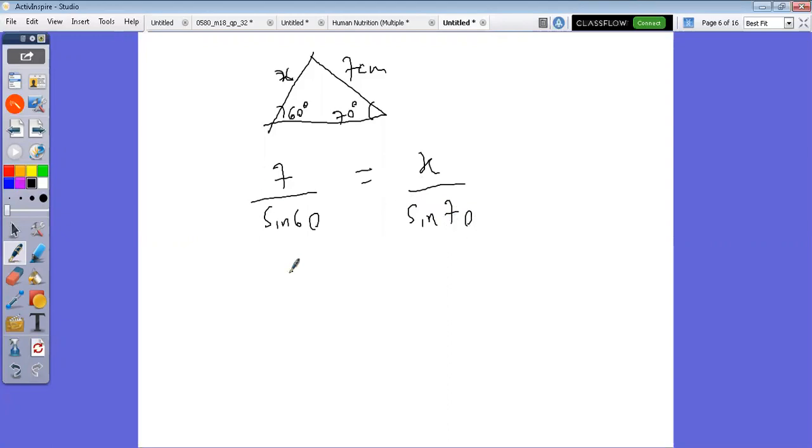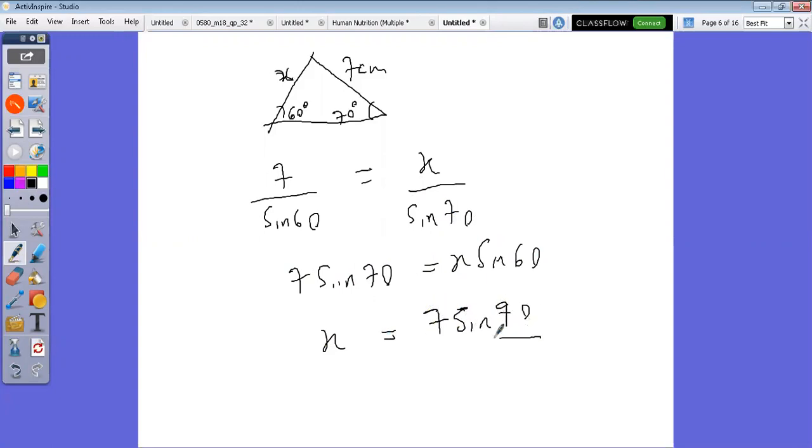Cross multiply: 7 sine 70 is equal to x sine 60. Divide, can you see that is the same thing? 7 sine 70 divided by sine 60. Same thing. Are we together? We arrive at the same answer.